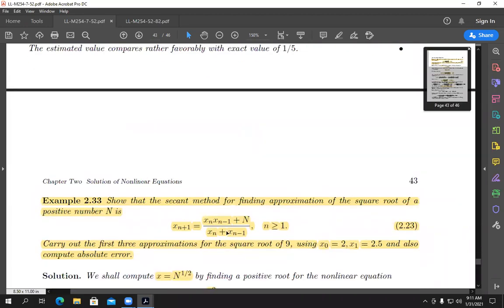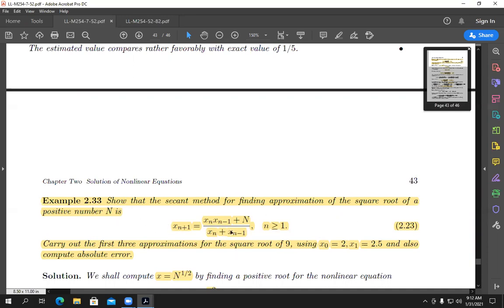Let's take the second example also. This is also something I gave many times in the exam. He says, show that the secant method for finding the approximation of the square root of the positive number n is this one. You remember we did in the Newton case the pth root, the generalized case. Here we are taking the particular case, the square root of positive number n.